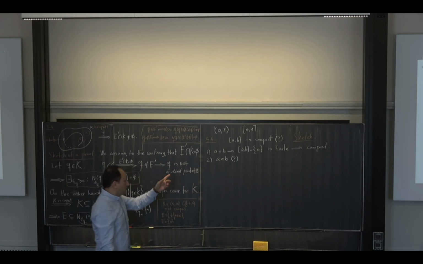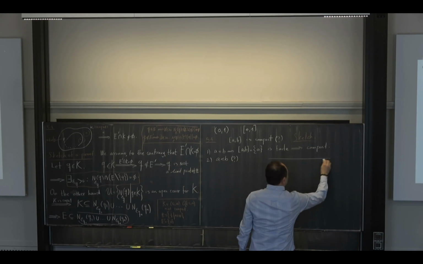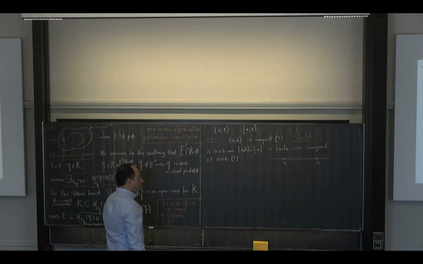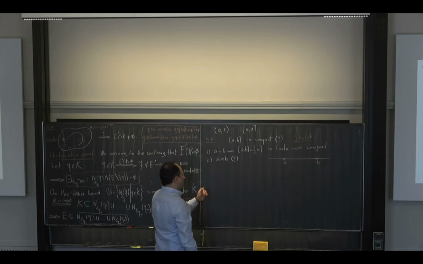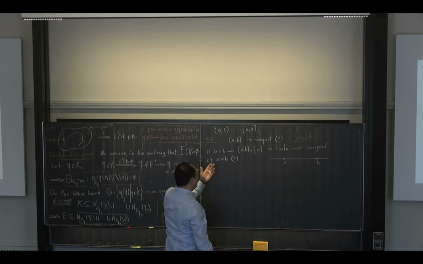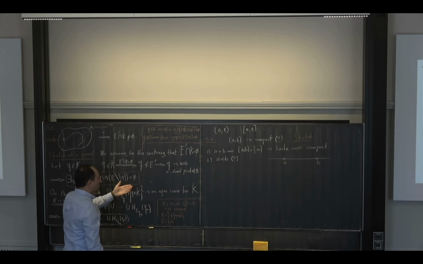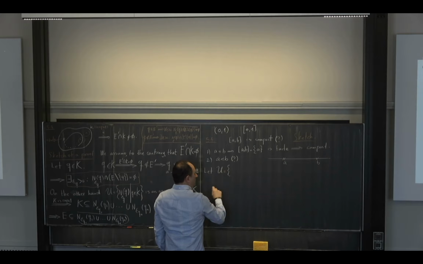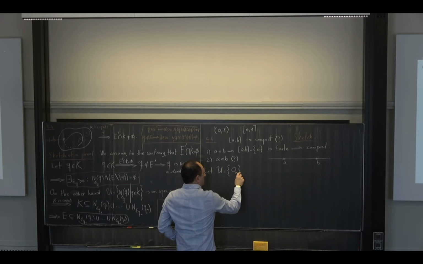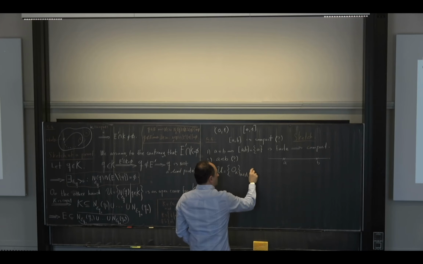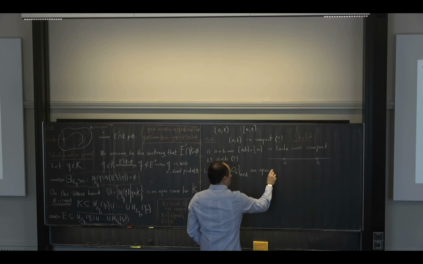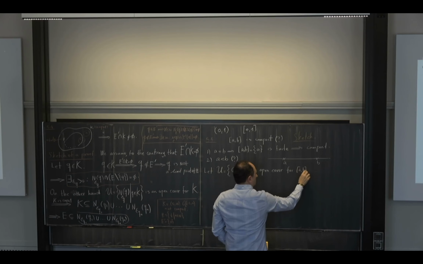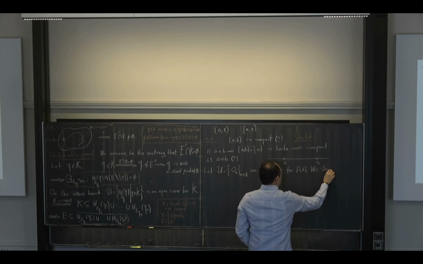So the tricky part is this one. If you want to imagine, this is A, for example, and B, they are not the same. A is less than B. I want to prove that this one is compact. So the standard way of proving something is compact: what should I start with? I would say let U be an open cover for [A, B].